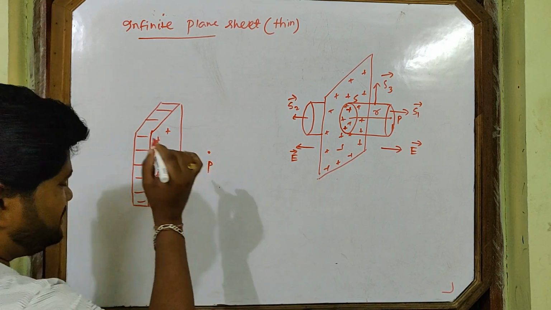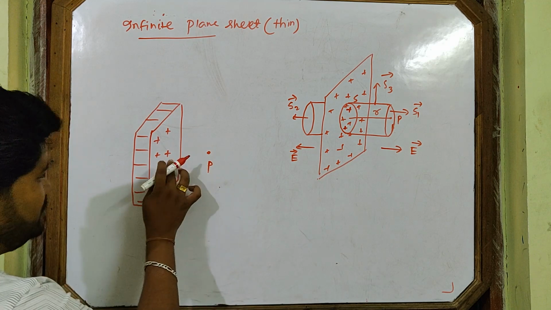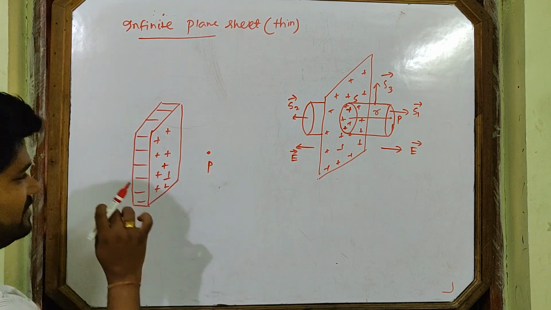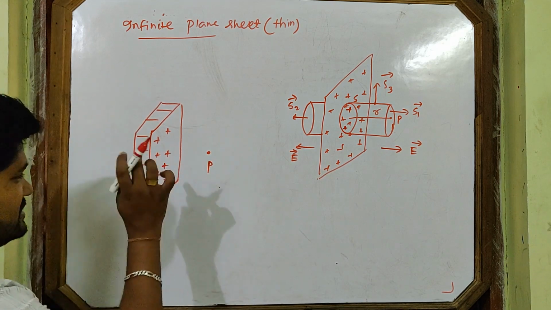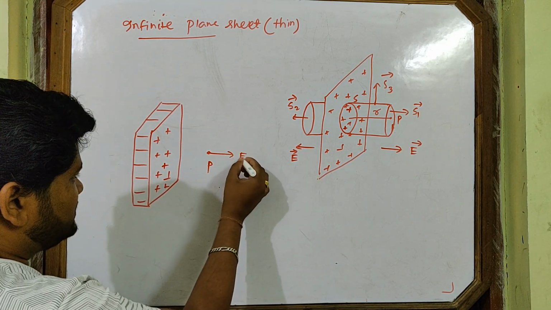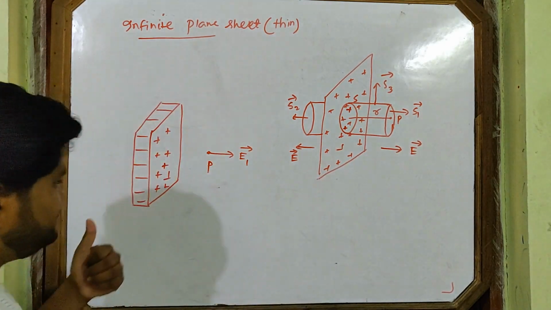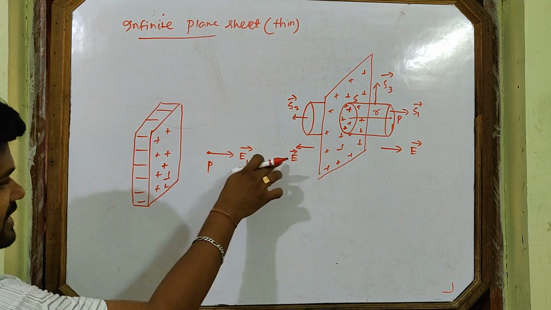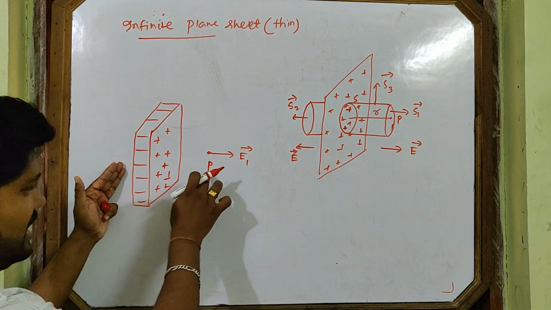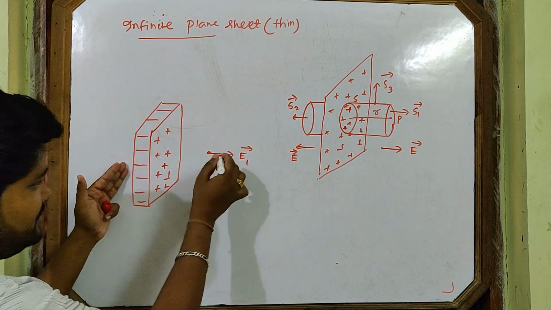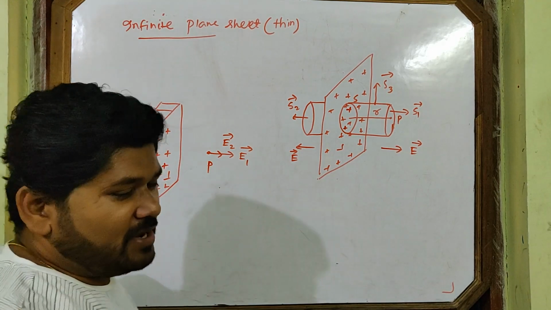You see here point is P. Due to this side electric field will come. Also due to the back side electric field will come. Due to this side, this is the direction of electric field. Even due to this side, electric field is in this direction. Due to back side, when you consider the back side at this point, as that is positive, also electric field will be away.